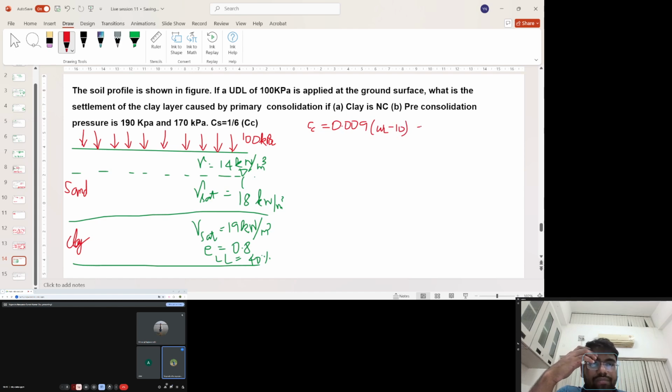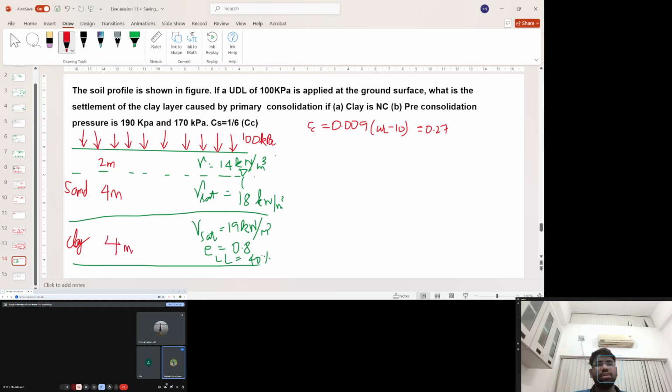How much are we getting? 0.27, I think, right? Yes, sir. So what is the thickness of the layers, sir? Just a minute. 2 meters, 4 meters, and 4 meters.